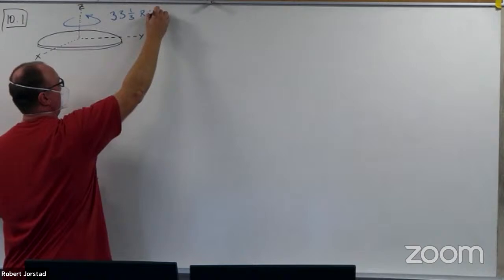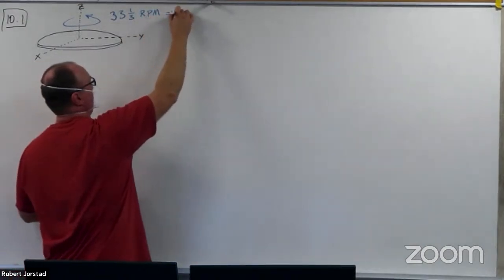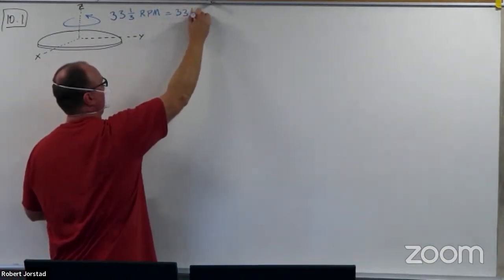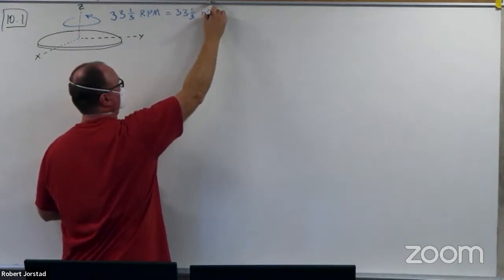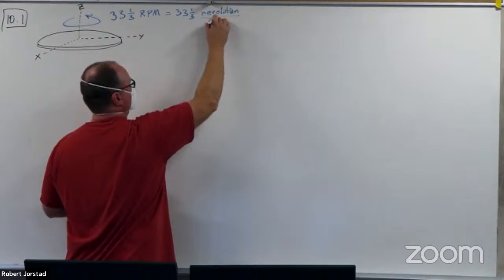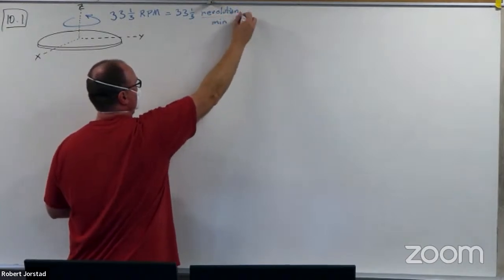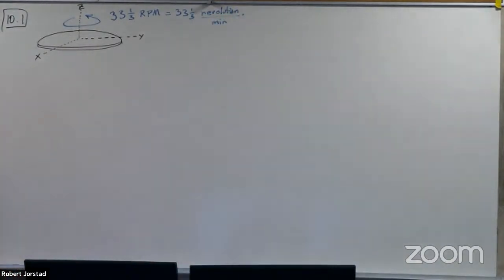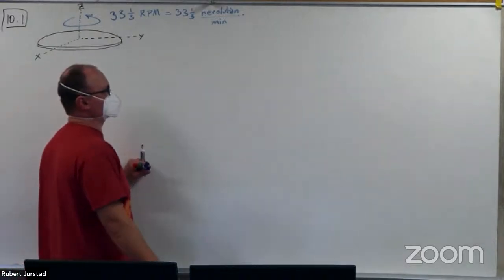What does RPM mean? Yeah, rotations or revolutions per minute. What's the first thing I should do before I get ahead of myself? Convert, because we do not want to use revolutions a minute in general.